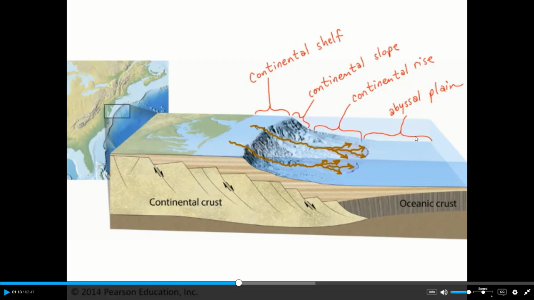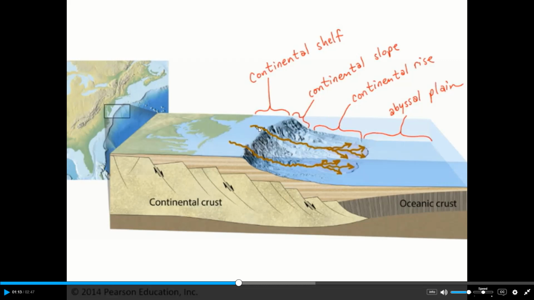It can extend out into the ocean for hundreds of kilometers. This is basically the accumulation of sediment that is coming off of the continental slope. Most of the sediment is deposited by these submarine canyons and these turbidity currents like he mentioned.